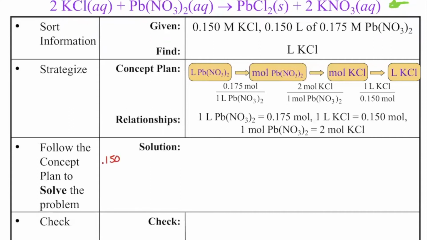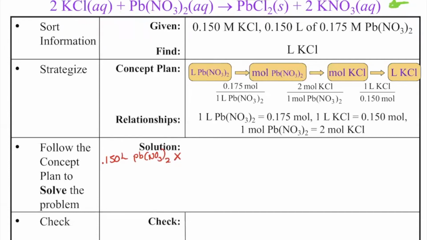0.150 liters of lead(II) nitrate. Then you're going to use its concentration in order to cancel your liters. So remember that this is 0.175 moles per liter, or 0.175 moles over 1 liter.